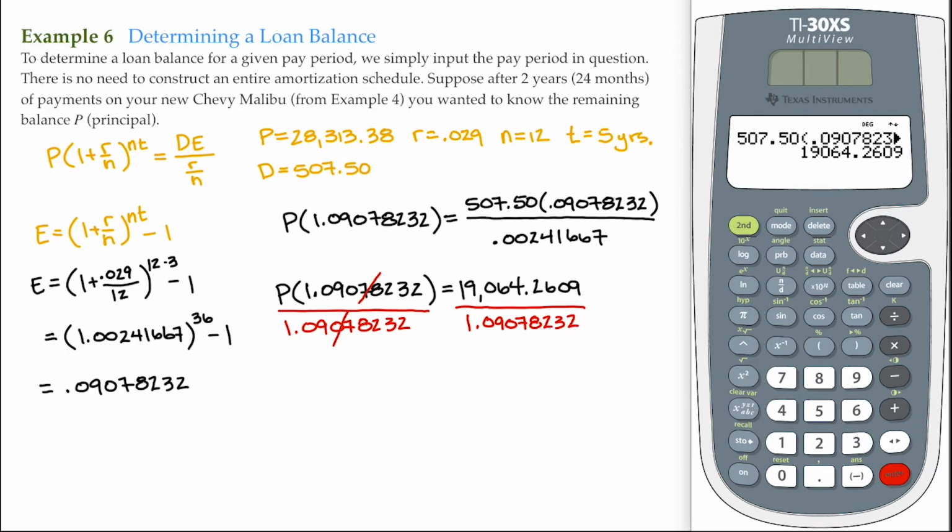These will cancel. So P is going to be equal to this, here it is right here, and I'm just going to divide. This way it saves me from having to type in a lot of stuff. And we'll do 1.09078232.